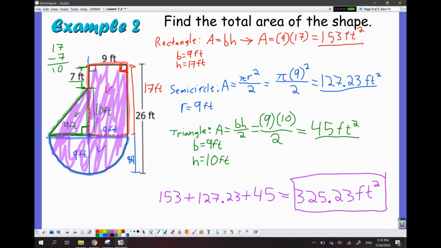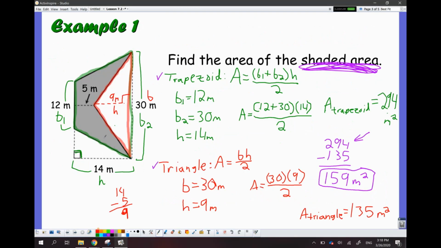So that's it, guys. Like I said, I'm only doing the 2 examples because you also have Miss Caddy's examples from her video. But hopefully this showed you a little more step-by-step process. Remember, it doesn't matter whether I'm finding a total area by adding them or if I'm finding a shaded area and subtracting them.